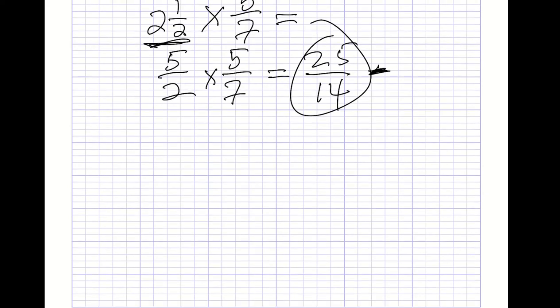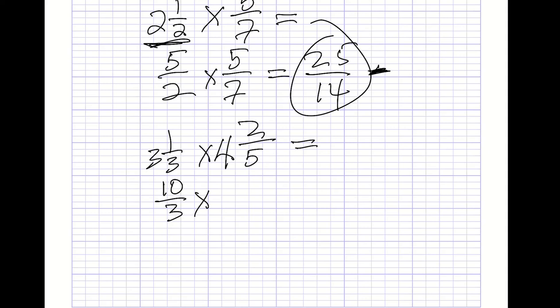So you can do one more. You have 3 and 1 over 3 times 4 and 2 over 5. Again, you do the same thing we did. You write it as an improper fraction, which is 3 times 3 is 9 plus 1 is 10, so 10 over 3, times 5 times 4 is 20, 20 plus 2 is 22, so 22 over 5.